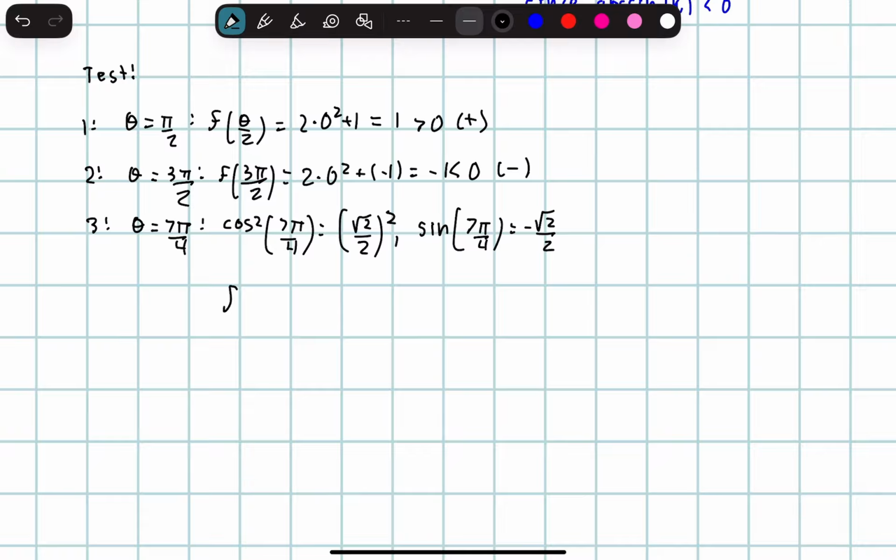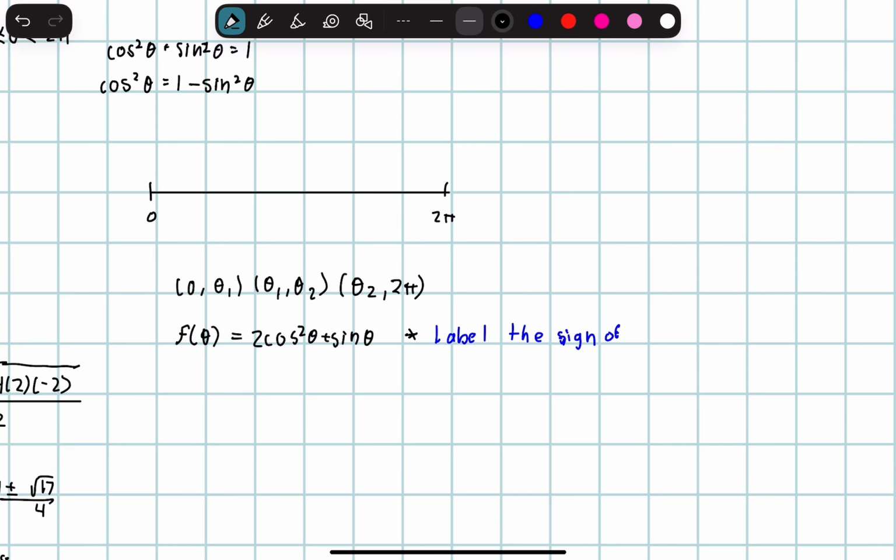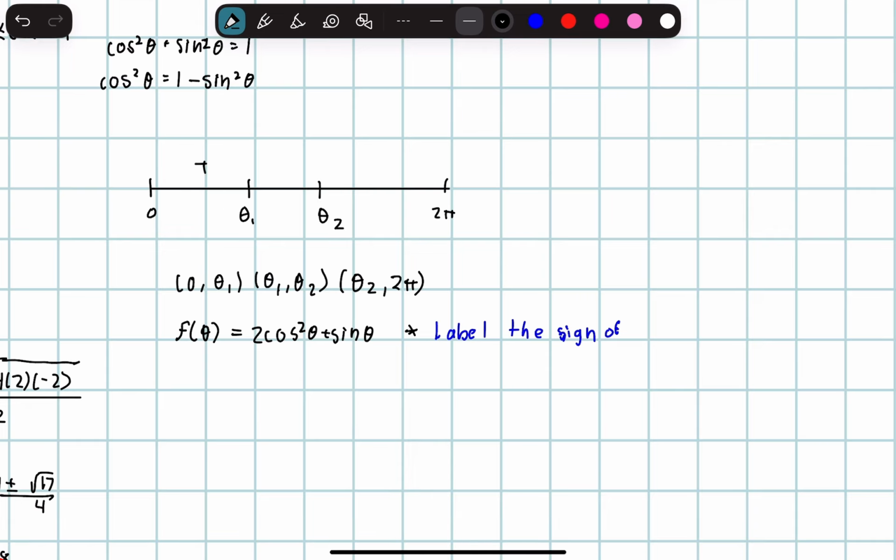Now the function is going to be equal to 2 times 1/2, and then minus root 2 over 2. That's going to be greater than 0, and that's going to be positive. And now in the map, we have theta 1 and theta 2, and that's going to be positive, negative, and positive.